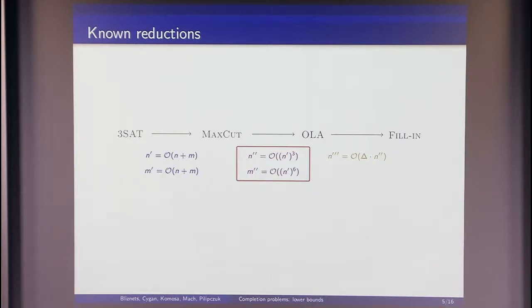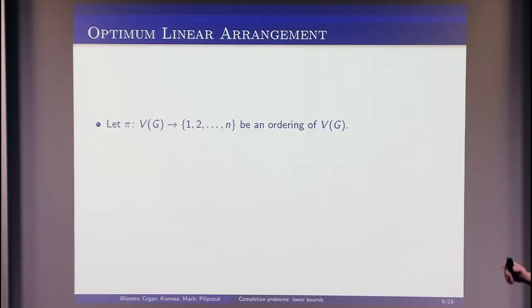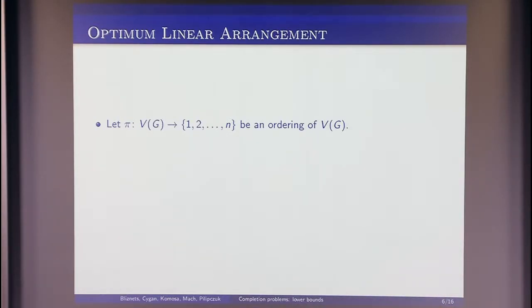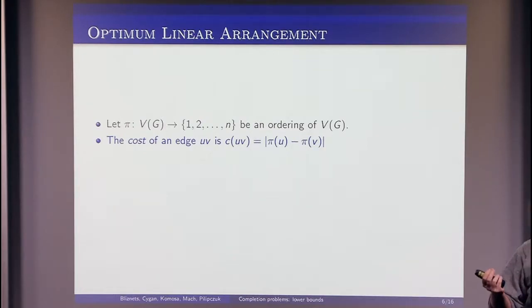But before we look at this reduction, I need to actually define what the optimum linear arrangement problem is. Suppose you've got a graph, and suppose that somebody gave you a linear ordering of the vertices, so a bijective mapping from the vertex set to the numbers from 1 to n. Given an edge now, I can define its cost as simply the stretch, how it is stretching the ordering. If the first vertex is mapped to 1 and the second vertex is mapped to 7, then the stretch is equal to 6.